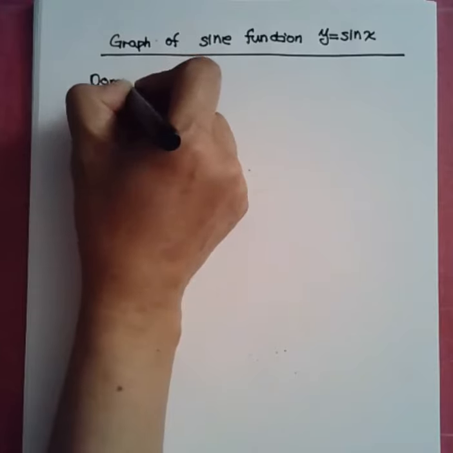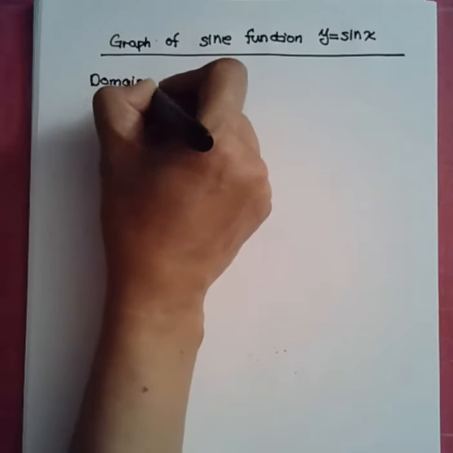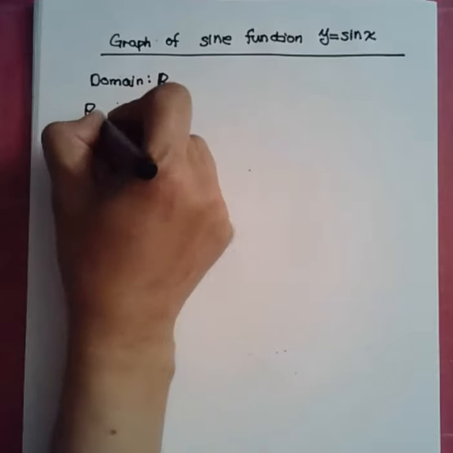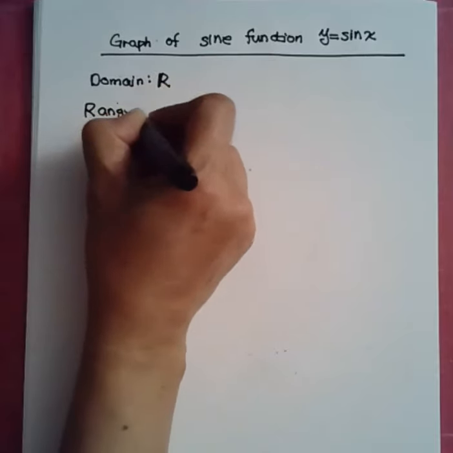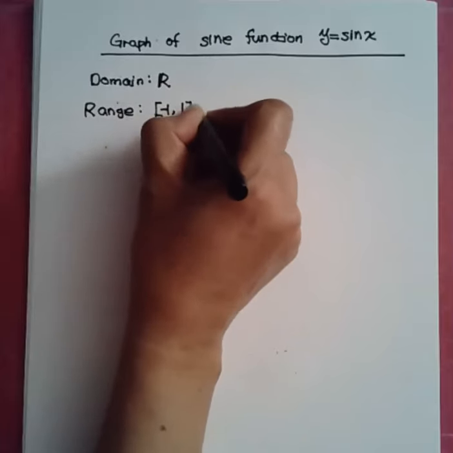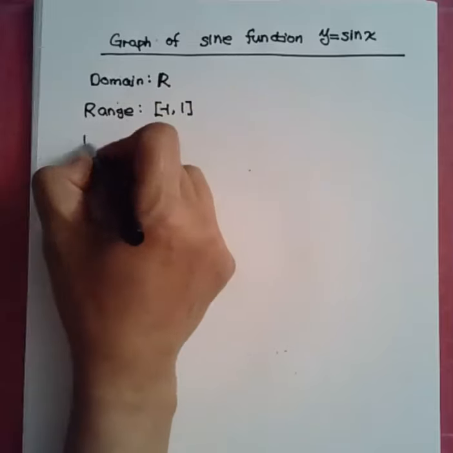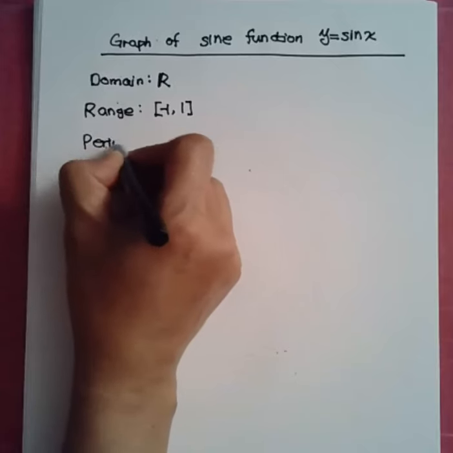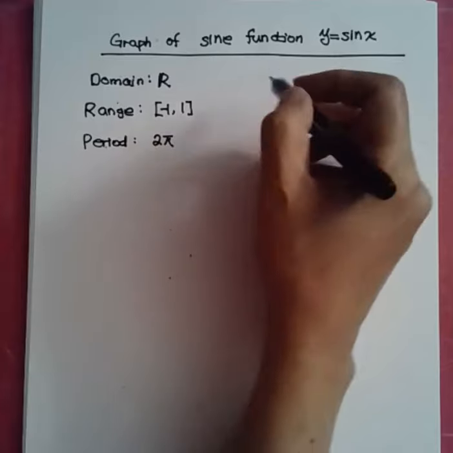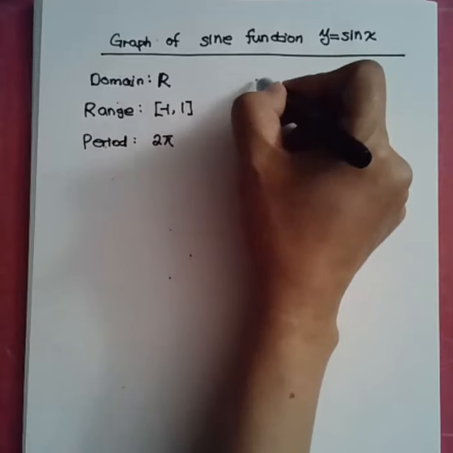We said the domain of the sine function is R, and the range of the sine function is -1 to 1, and we already know that the period is 2 pi.